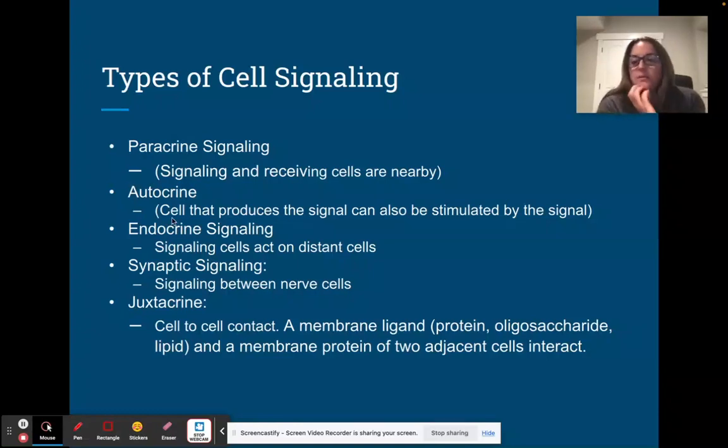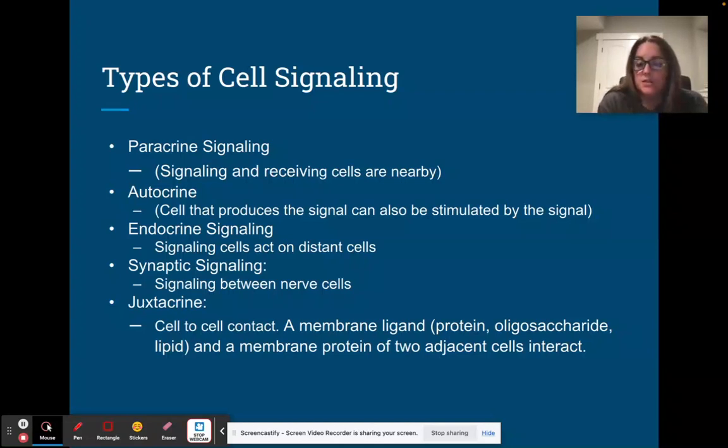Autocrine is like what we saw in the video about bacterial quorum sensing, where a cell can produce a molecule, release it into the environment, and then actually pick it up on one of its own receptors to then stimulate more of that molecule to be produced. And so that's an amplification process, and that can be called autocrine because the cell is producing the signal molecule that is also going to stimulate the cell.